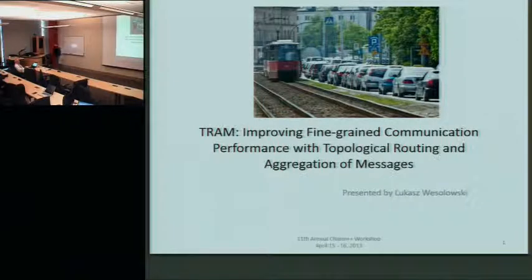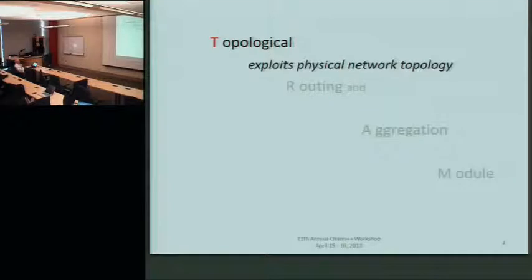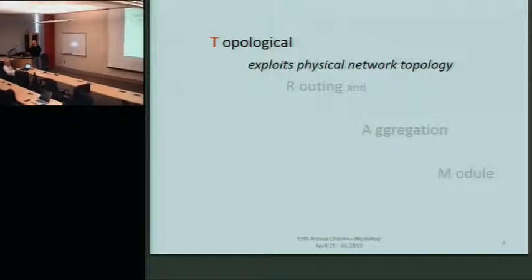So this is somewhat in jest, but really what TRAM is in this context is Topological Routing and Aggregation Module. So let's just go quickly through each of these words just to make sure we're on the same page. By topological, it means that we'll be exploiting physical network topology.